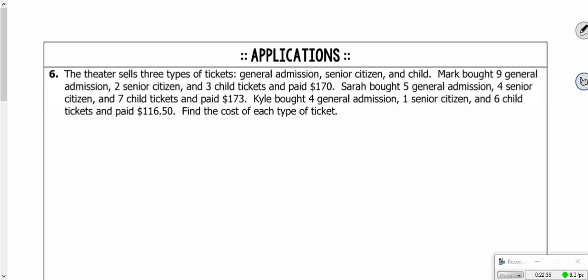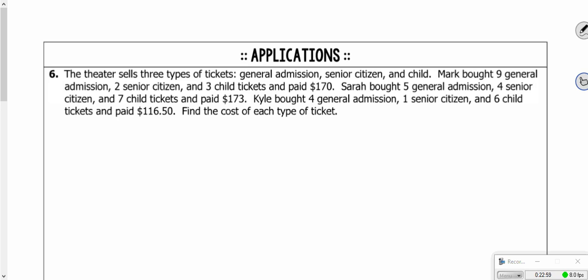Mark bought 9 general admission, 2 senior citizen, and 3 child tickets and paid $170. Sarah bought 5 general admission, 4 senior citizen, and 7 child for $173, and Kyle bought 4 general admission, 1 senior citizen, and 6 child for $116.50. Okay, find the cost of each type of ticket.